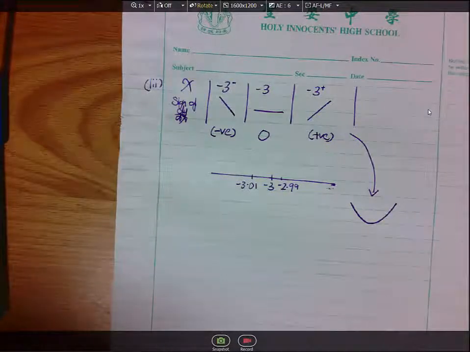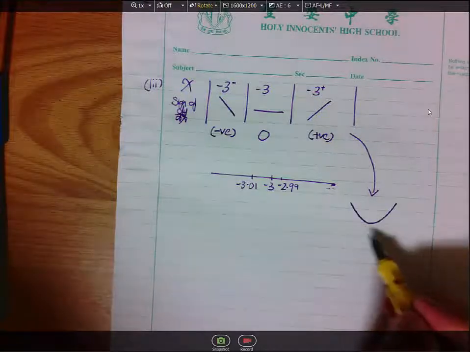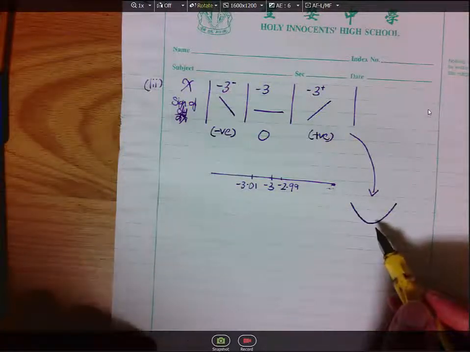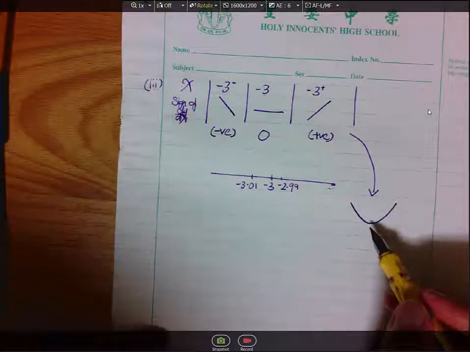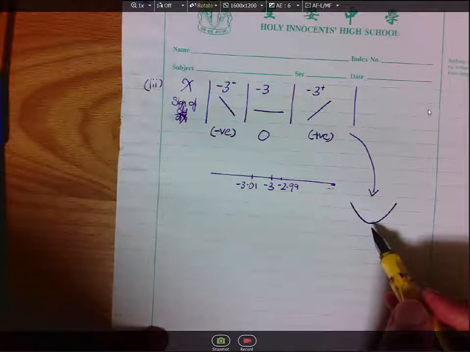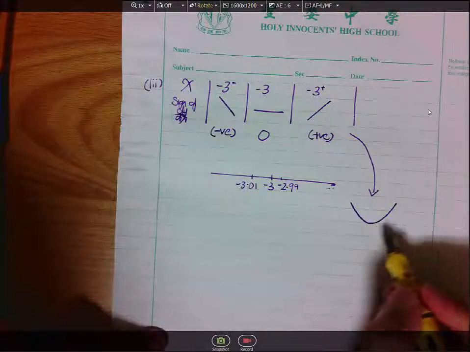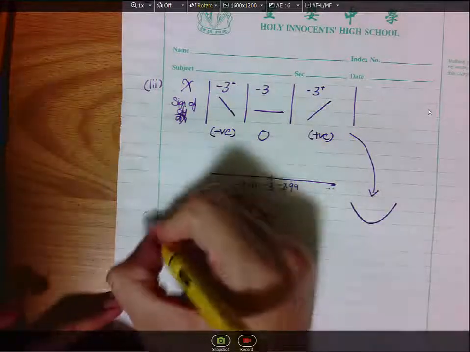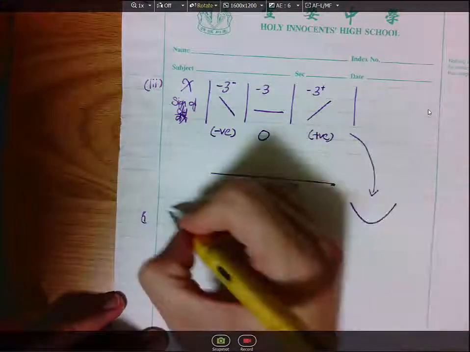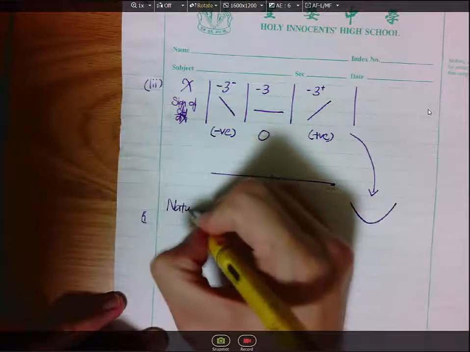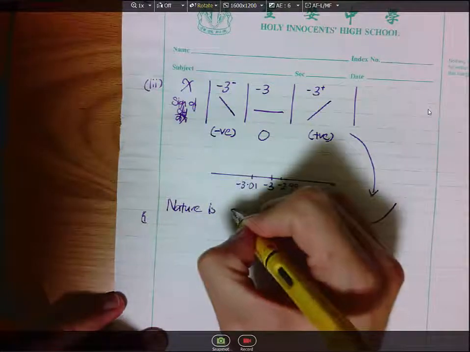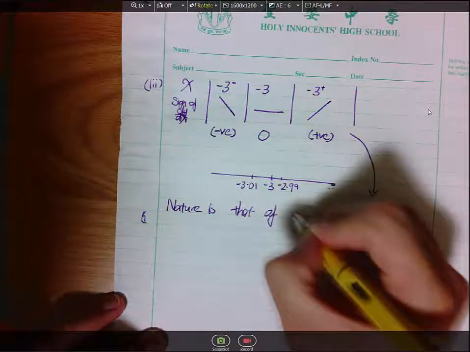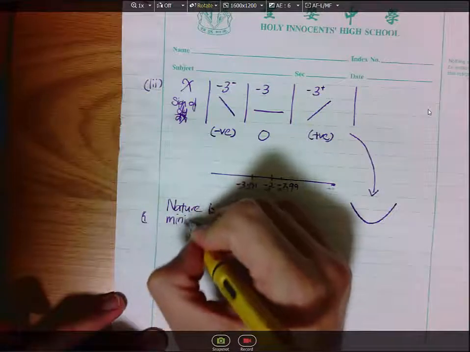Therefore, the nature of the point when you have something like this: is this a maximum point or a minimum point? Think for a while. From what we already know, when it goes down like this, the nature is that of a minimum point.